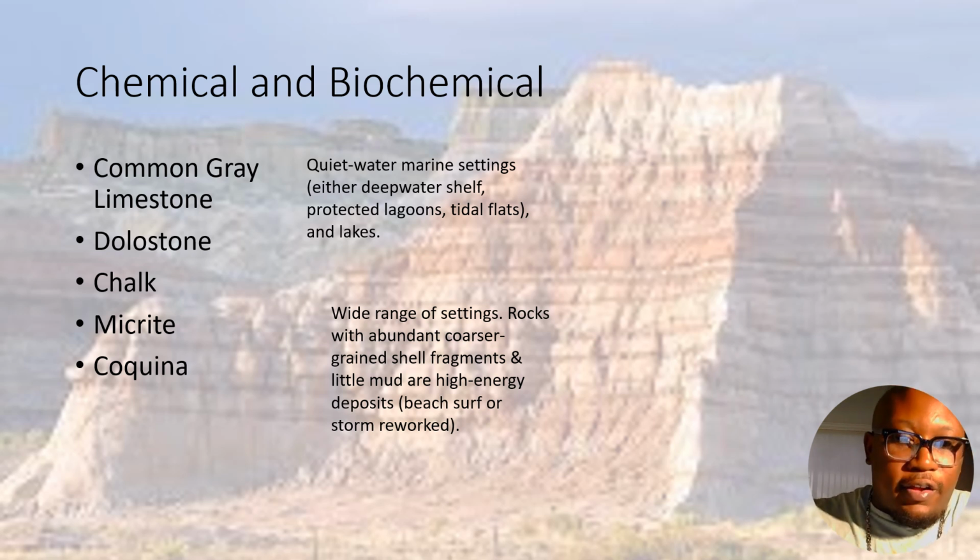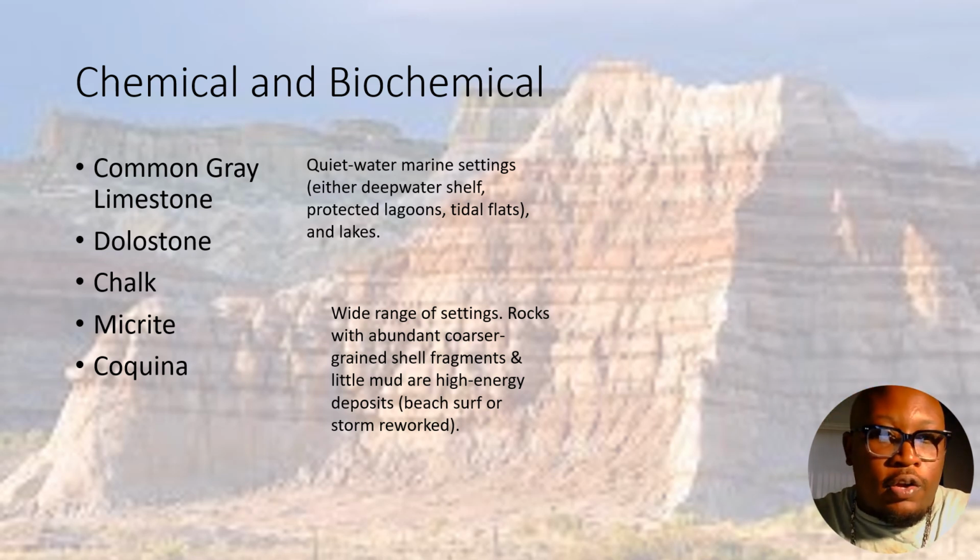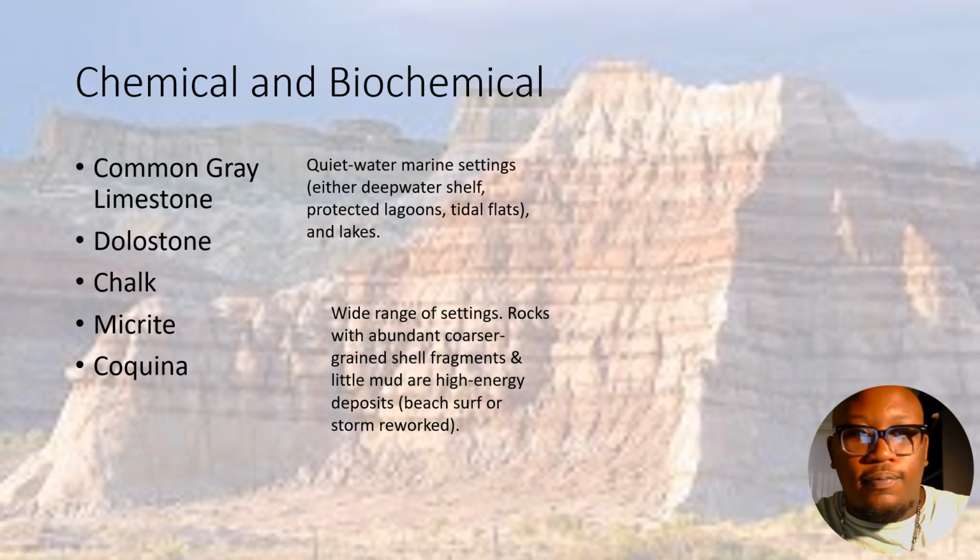They're basically all the same, just formed different ways. Some might have different chemical composition, such as limestone and dolostone. Limestone is CaCO3, calcium carbonate, while dolostone is MgCaCO3. So that's the difference between the two.